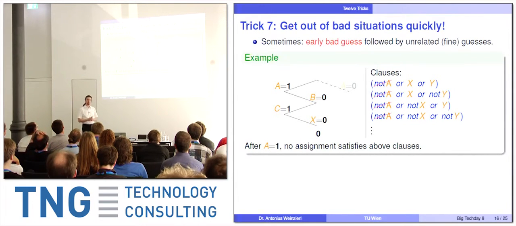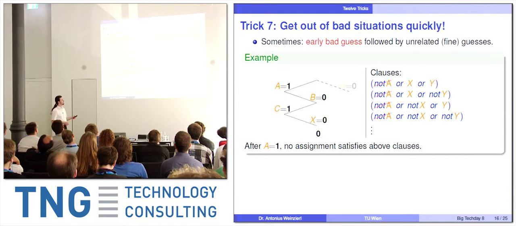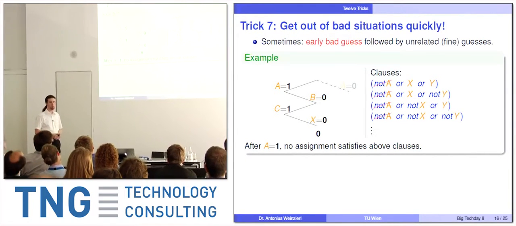Sometimes we make a bad decision. We make a bad assignment, but we don't realize this yet. And then we continue on and we continue on. For example, here we made a bad assignment for A. We picked A is true, and we have these clauses over here. Everywhere we remove the A, so then we have X and Y remaining.